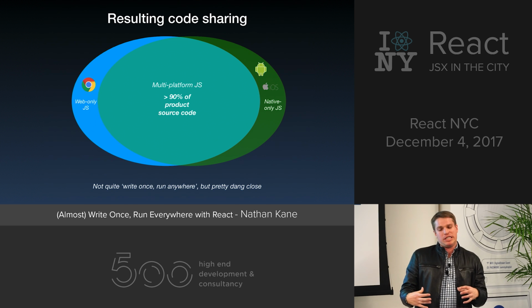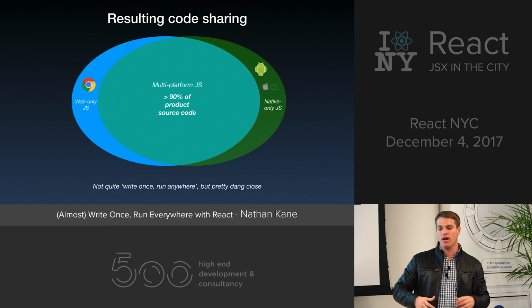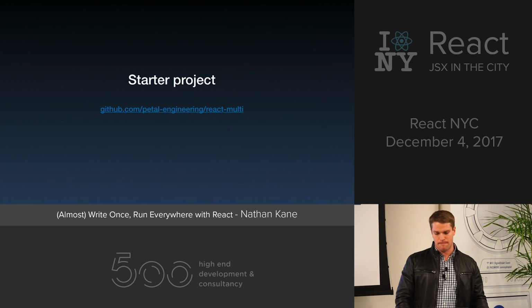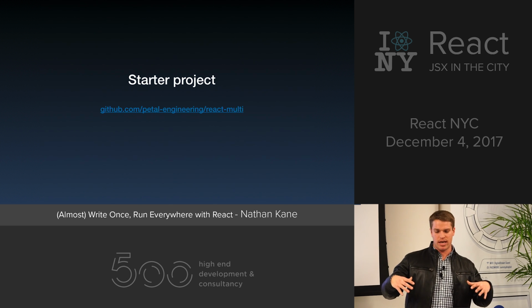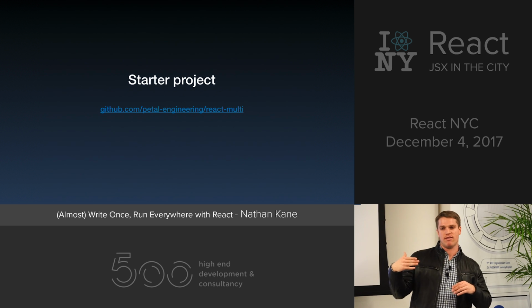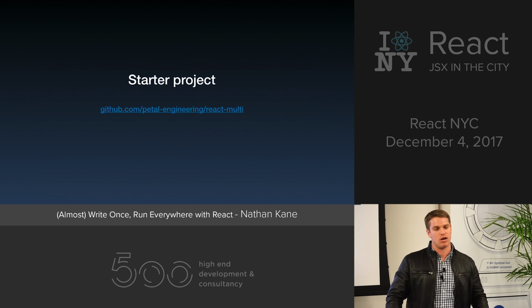That probably will decrease over time, in that we want to do specific things for mobile we won't want to do on the web, but for the core app, it's almost writing it once, writing 90% of it, and then having it just run across platforms. And I put up a starter app for this on GitHub that's in a mono repo that has a web, a native, and the feature library, we're calling it, and just the configuration to get that all to work.